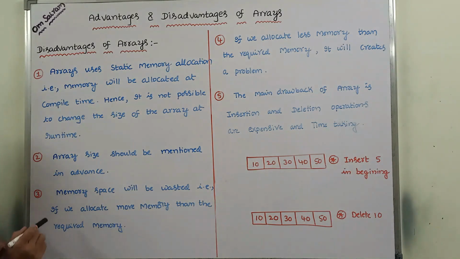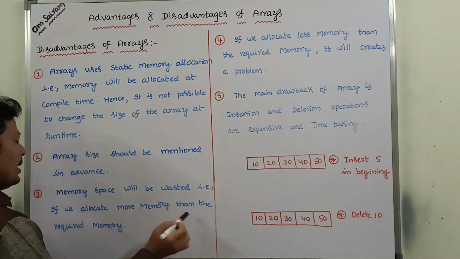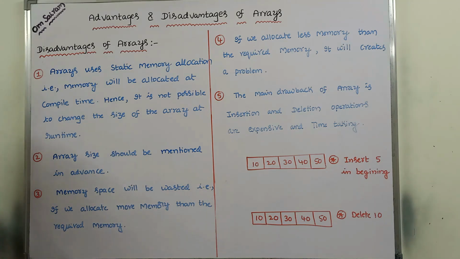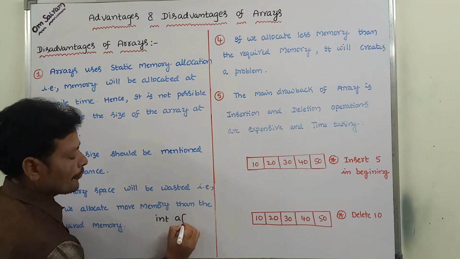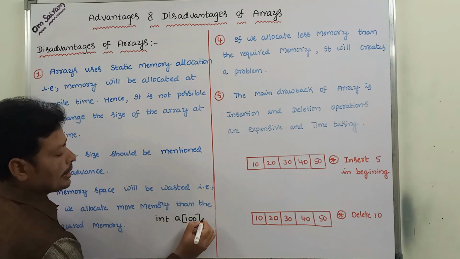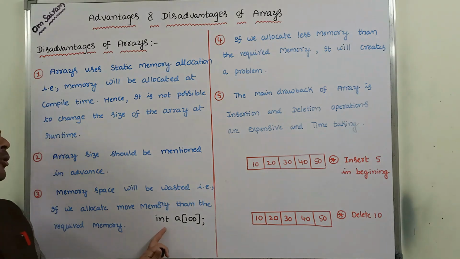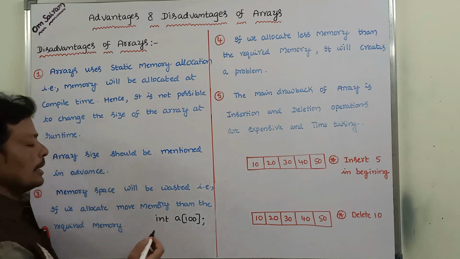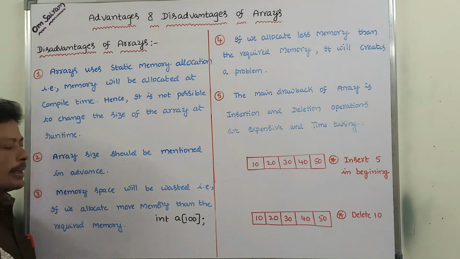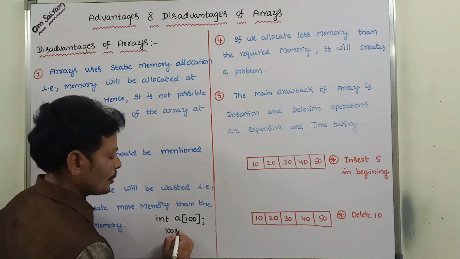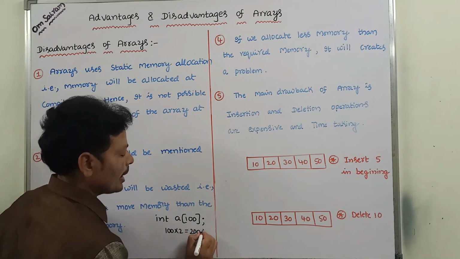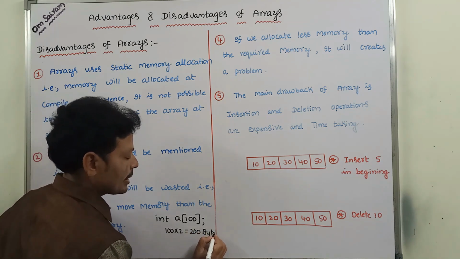Next, third point, memory space will be wasted, that is, if we allocate more memory than required. For example, I am declaring the array int a of 100. How much memory will be allocated while compiling this statement? Each integer occupies 2 bytes, and the size of the array is 100. So 100 into 2, that is 200 bytes of memory will be allocated at compile time.